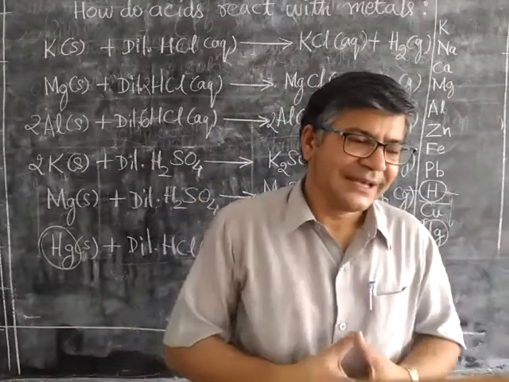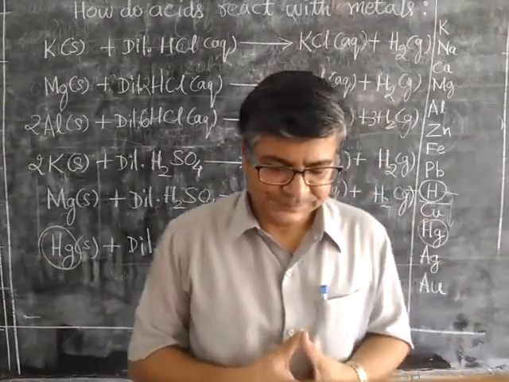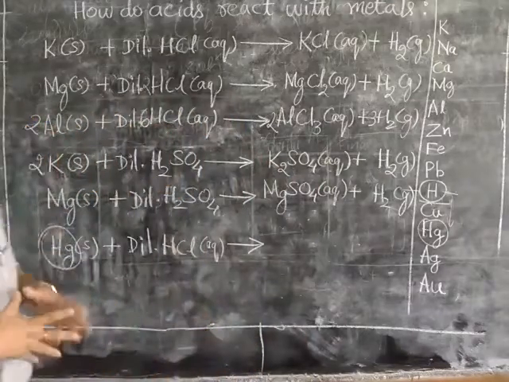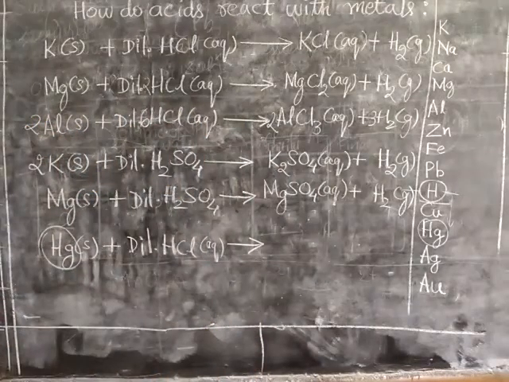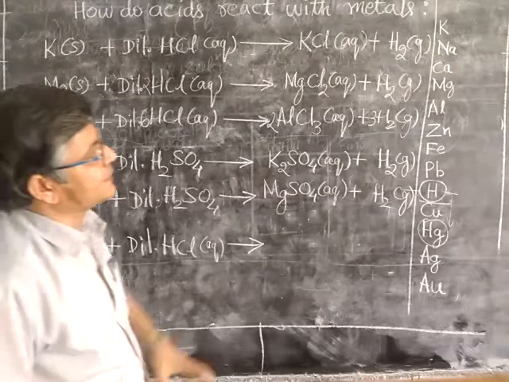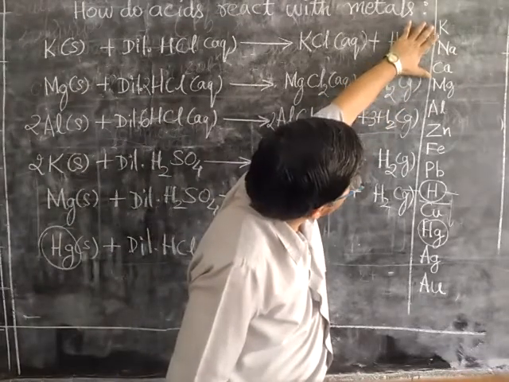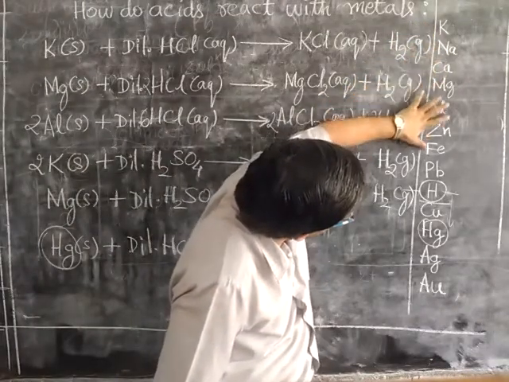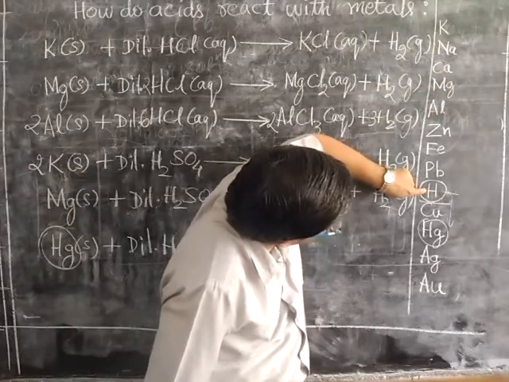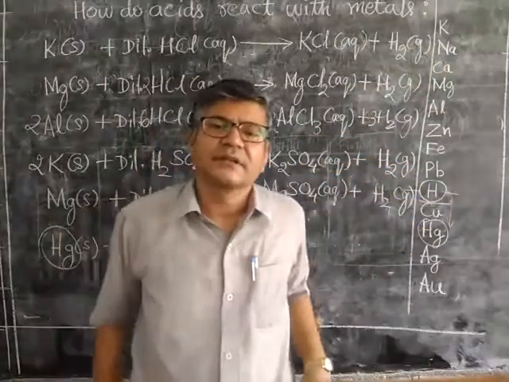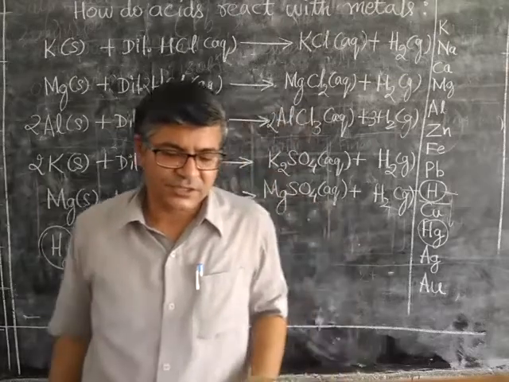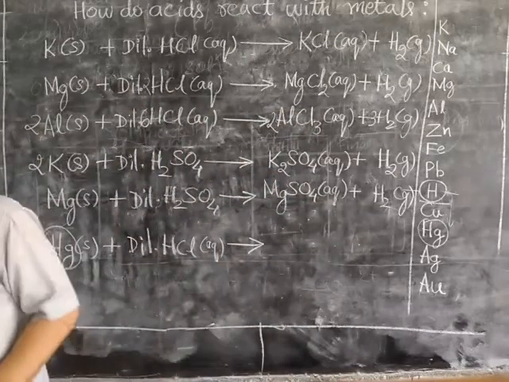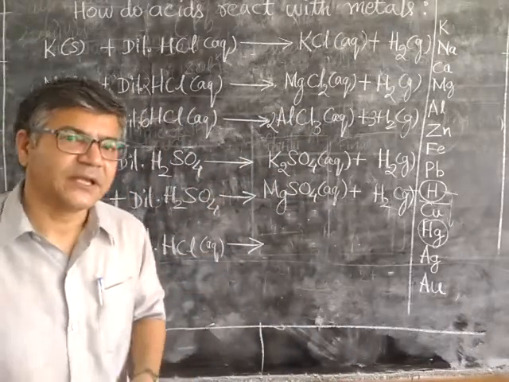So we have to take that into consideration. Okay, this is what you have to keep in your mind, that more reactive elements will displace hydrogen from its acid, whatever the case may be. The reaction will take place according to this reactivity series.